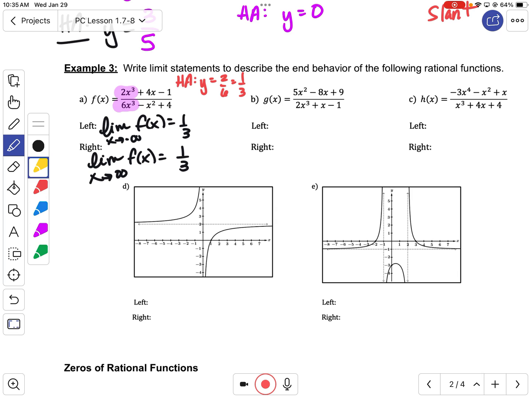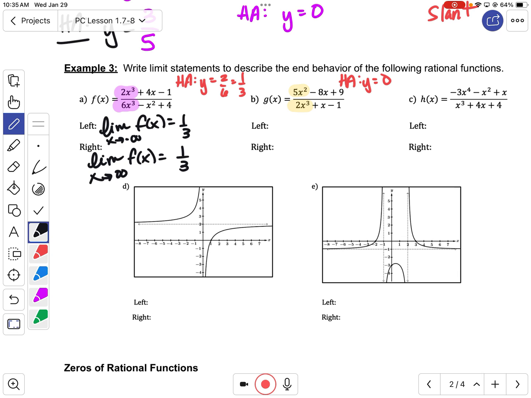All right, so if we look at B, I got 5x squared over 2x cubed. Are we going to get a horizontal asymptote? Yeah, we are. They're not equal, but the denominator's bigger. When the denominator's bigger, what's my asymptote? 0.